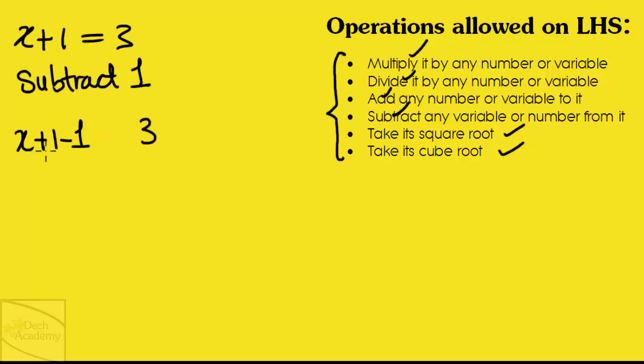Because we did something to the left hand side, we also have to do the same thing to the right hand side. So we also have to subtract 1 from the right hand side term in order to preserve the equality. So as you can see, our left hand side term here was x plus 1, and that's what's here.